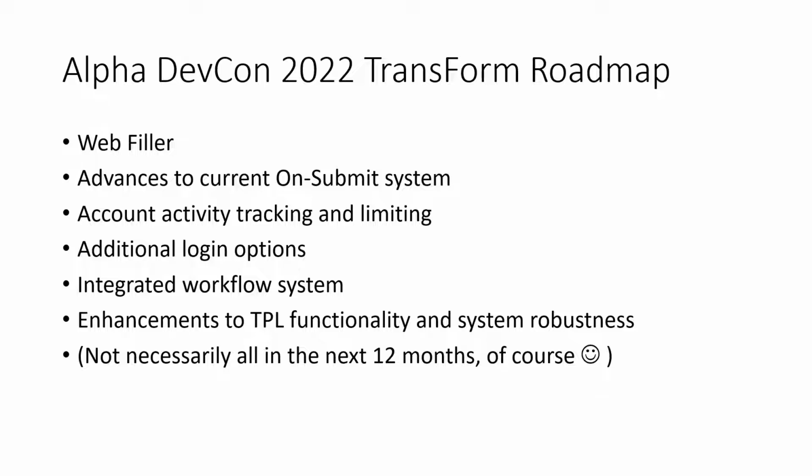This gives us a variety of options to do stuff. Additional login options that we're going to be able to do thanks to advances in Alpha Anywhere, among other things, and advances in TransForm. I'll talk more about the integrated workflow system, again, to remind you what it is that we're working on. And then, of course, we'll have enhancements to TPL functionality and system robustness.